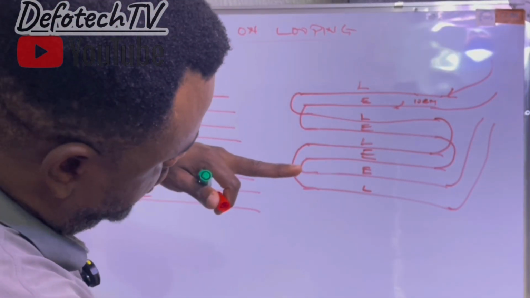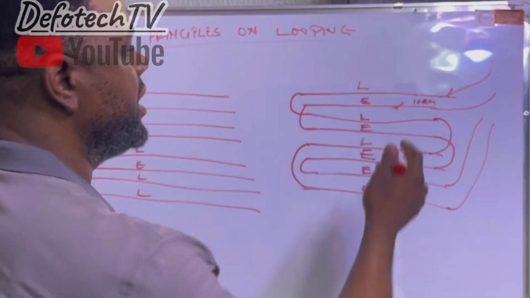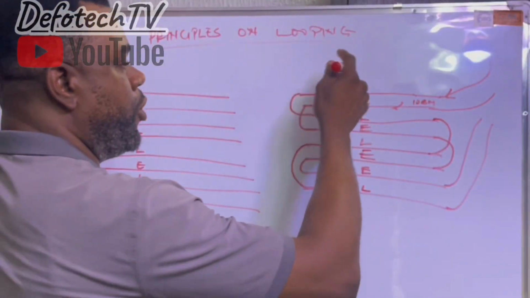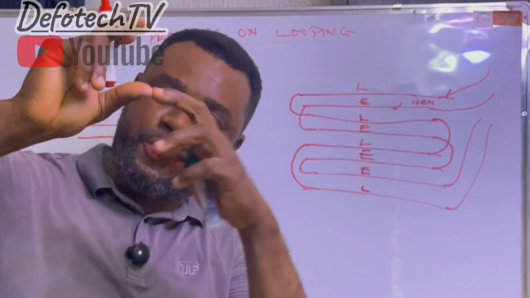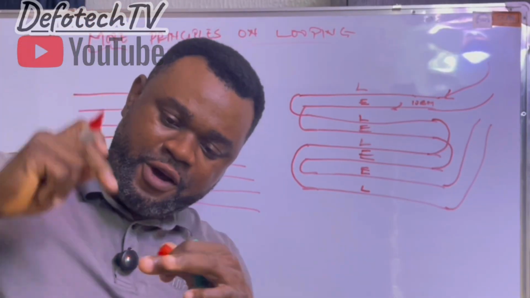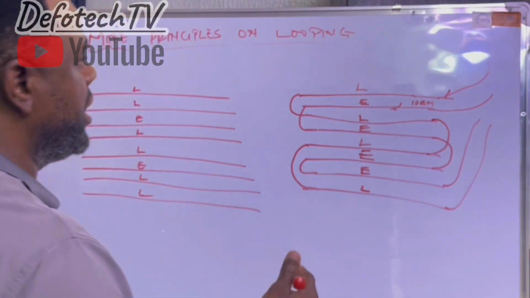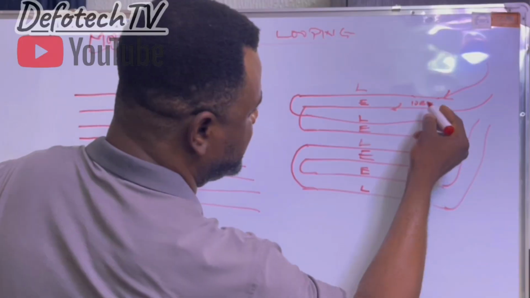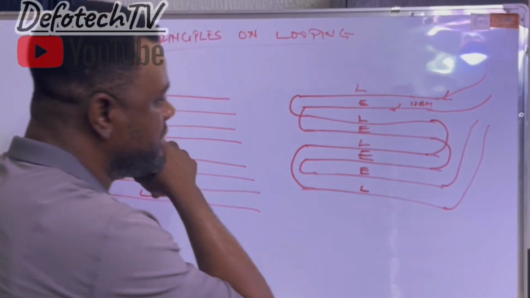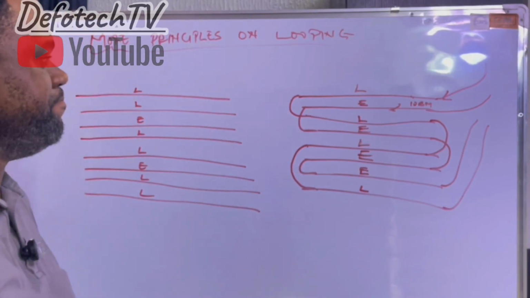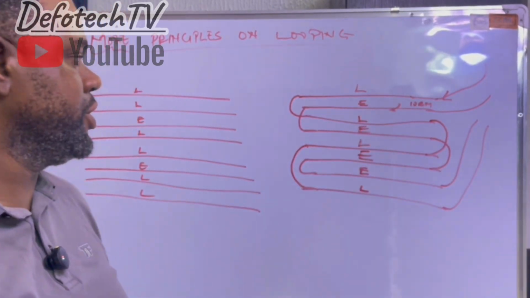From the point of one bracket, from one bobbin to the other is 10. From this other bobbin is another 10. From this to this, just like that. And if we have 10 cm all the way from here, the spacing between the lines, then it means this part is also secure.